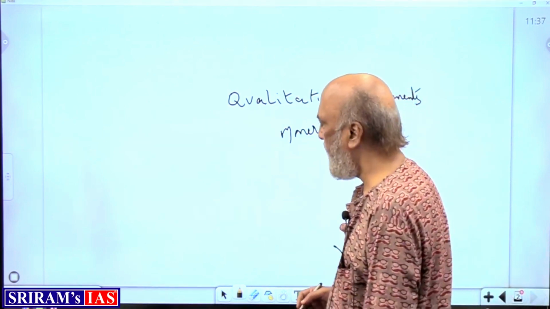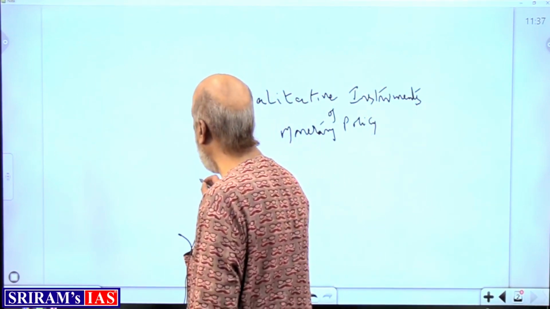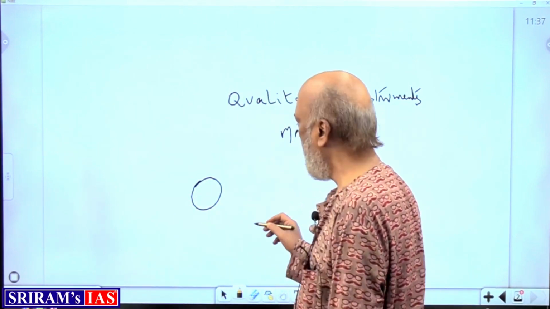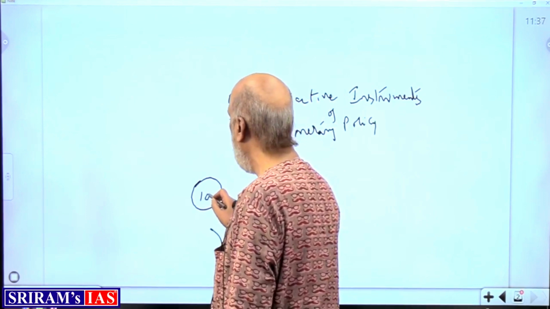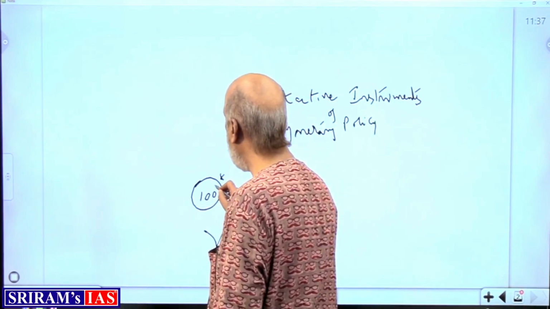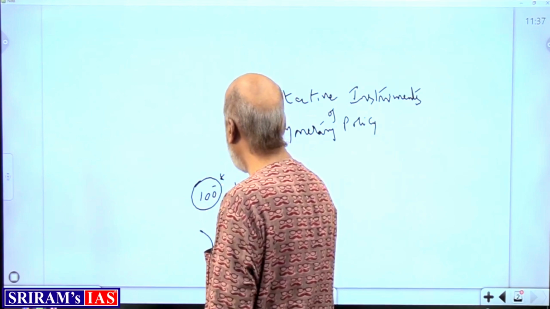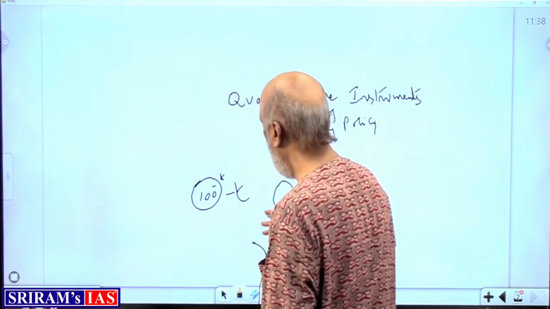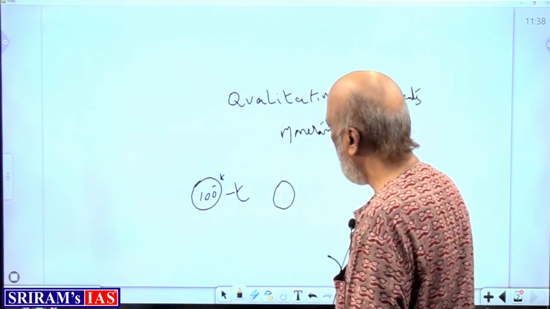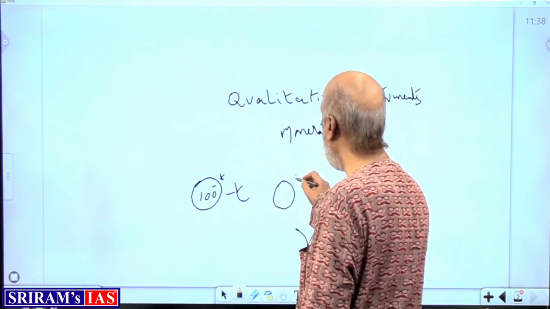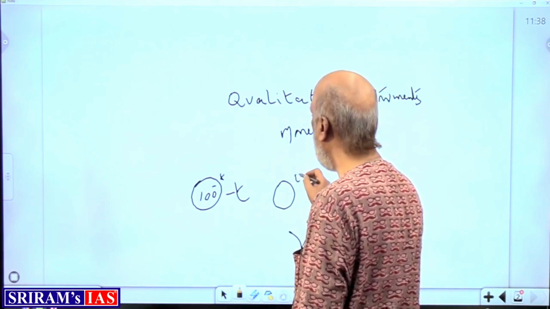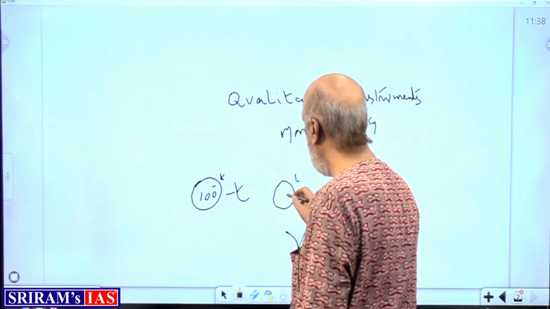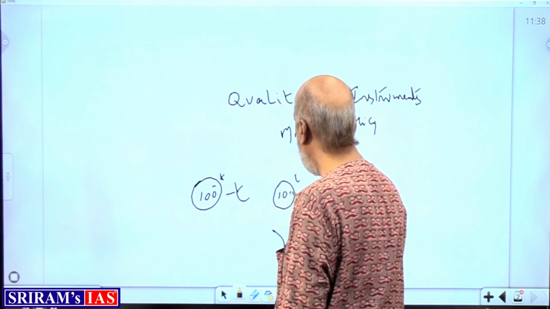So yesterday, as an introductory remark, I told you this is the market and 100 rupees. If 100 becomes plus or minus, it is quantitative. 100 remains 100, but there is internal juggling. You call that qualitative. So this is qualitative, this 100 remains 100.